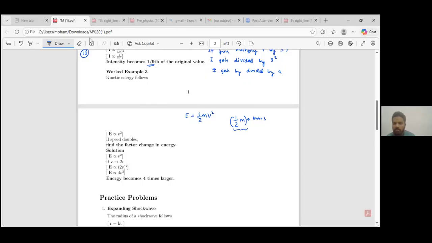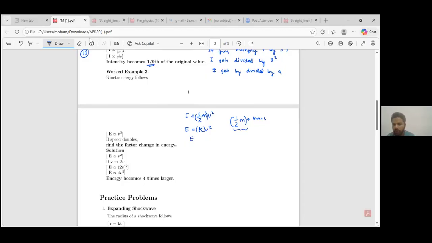So it's like E equals some constant times v squared. E equals half m into v squared, where half m is a constant, so I can take it as E equals k v squared, some constant value into v squared.